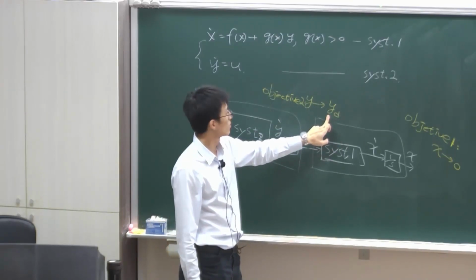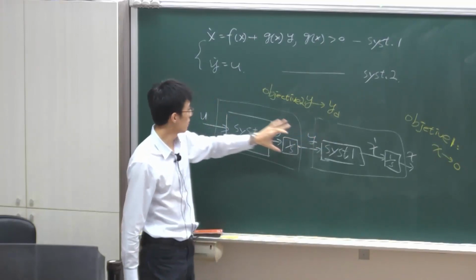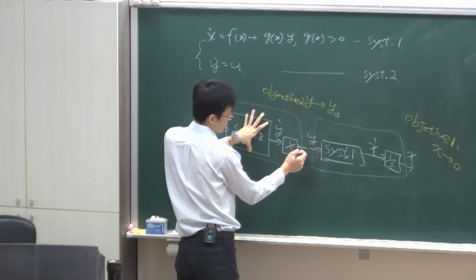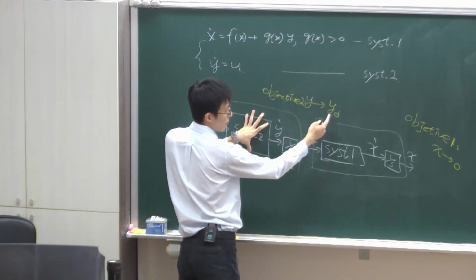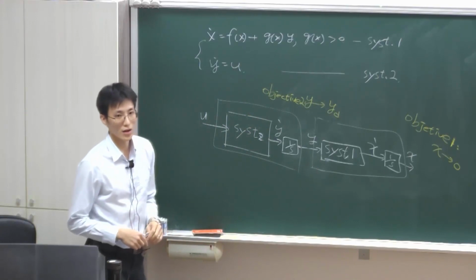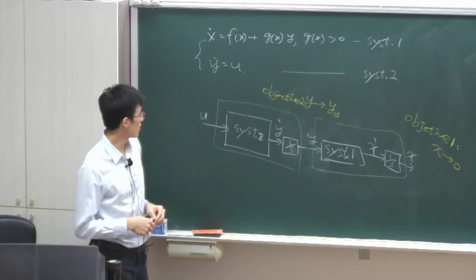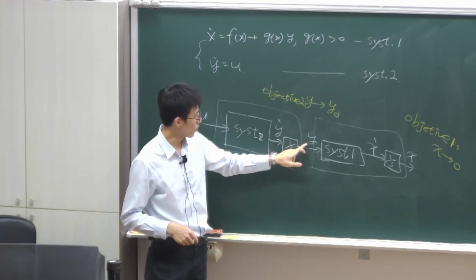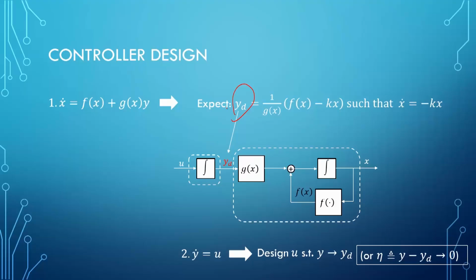But the output of the first system, which is y, might not be YD, because you want to design a controller that makes the output y track a desired trajectory. That's why we say it's YD. It's designed from the first system as the desired signal for this y.